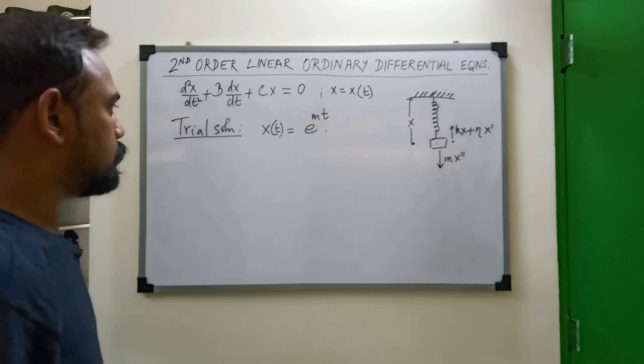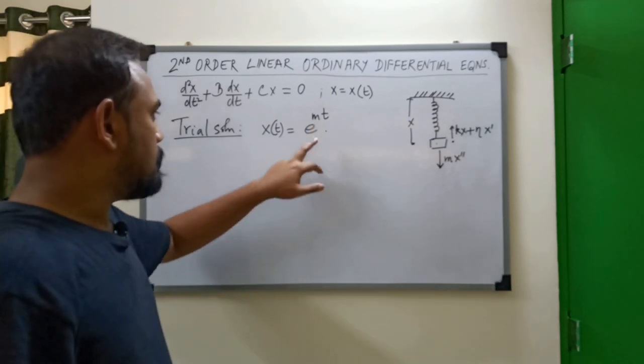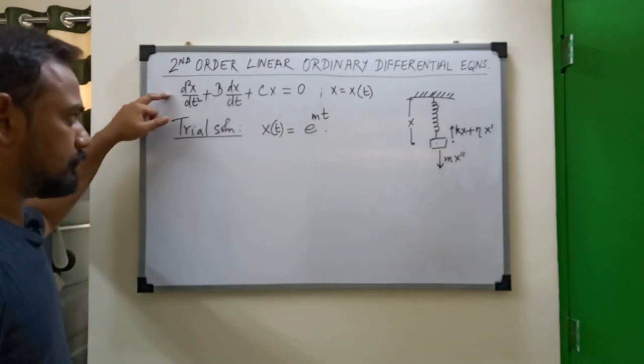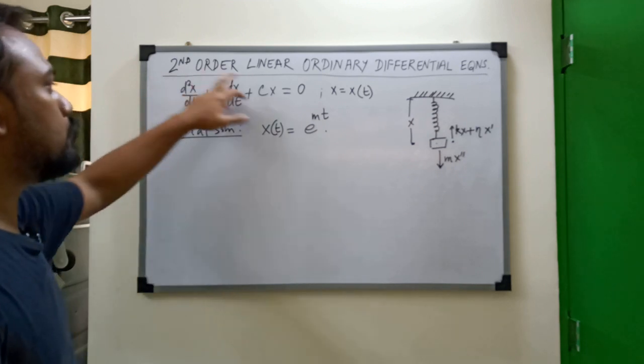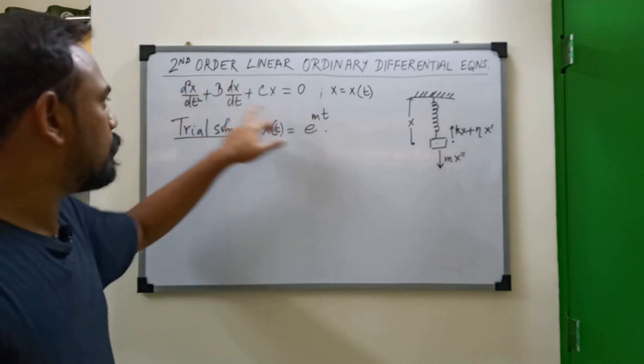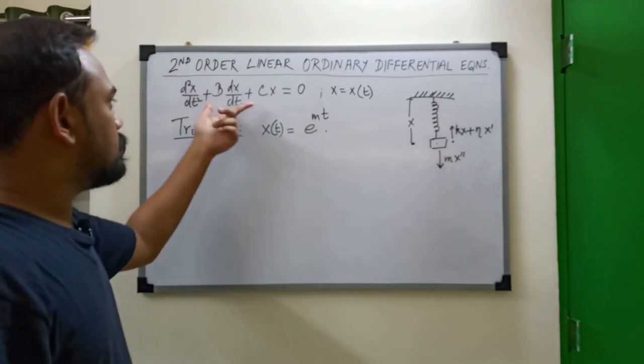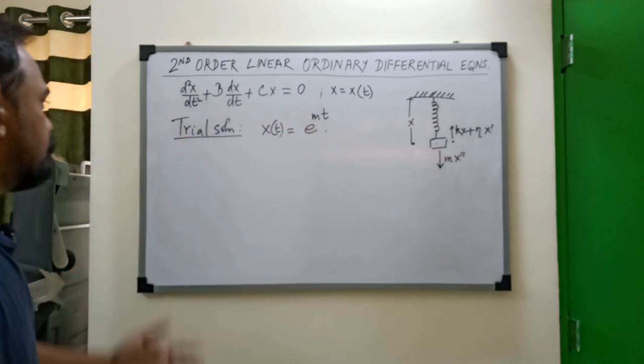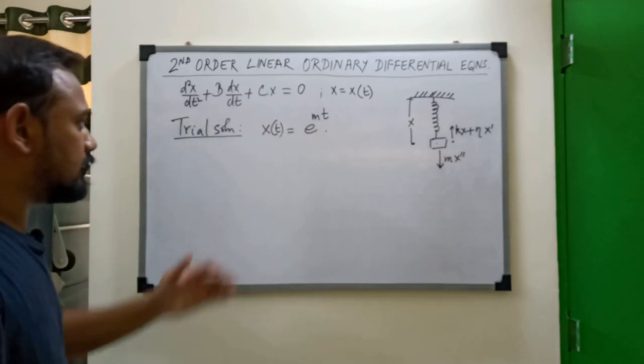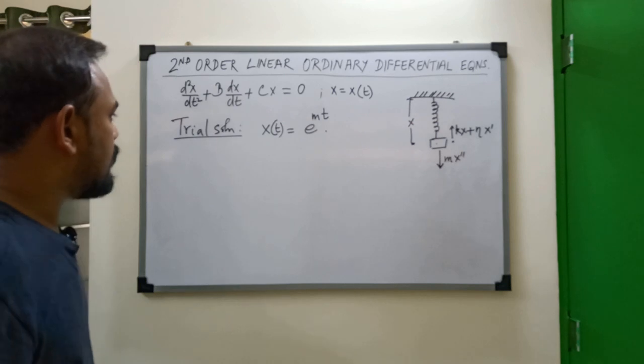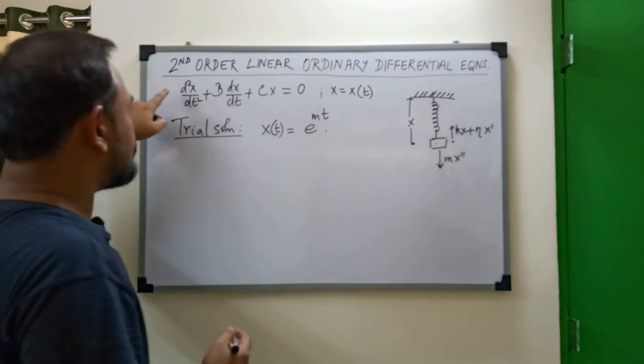Well, of course, we don't know what m is, but we want to try this as a solution. If we do find a correct m for which this does become a solution, then this is no more a trial solution, but an actual solution. And that's the objective. So let's just try that out.